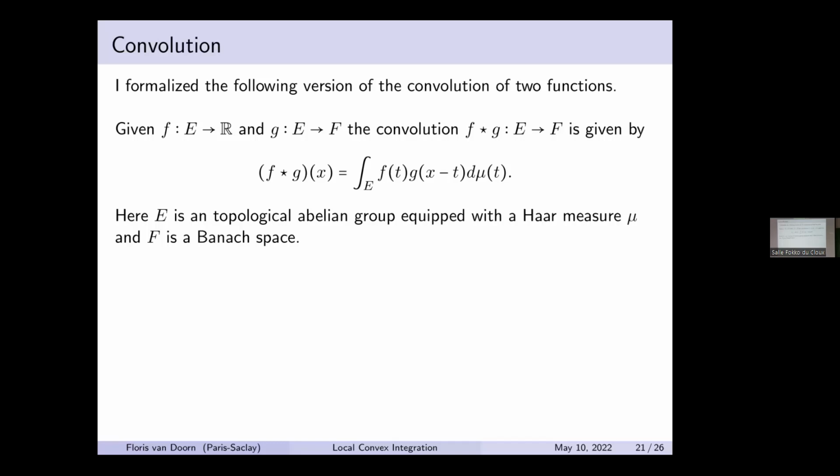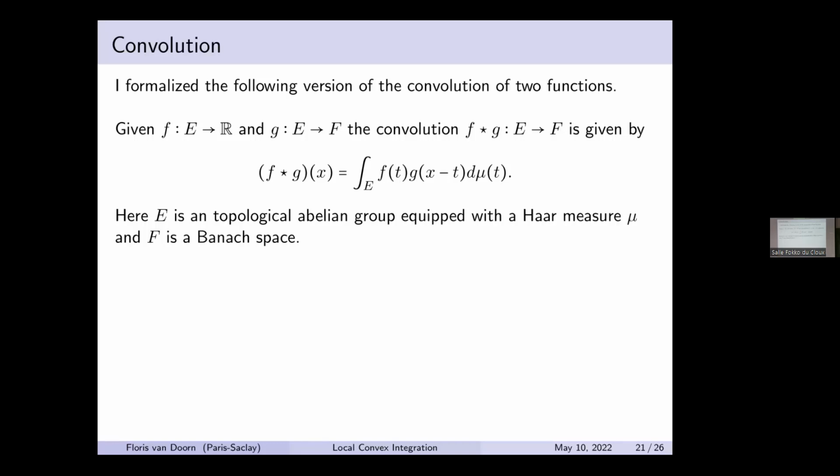The application I had in mind is to take the convolution of g with a smooth bump function to get a smooth approximation of g. That's why f takes values in R, so we get the scalar multiplication of the vector valued function g.